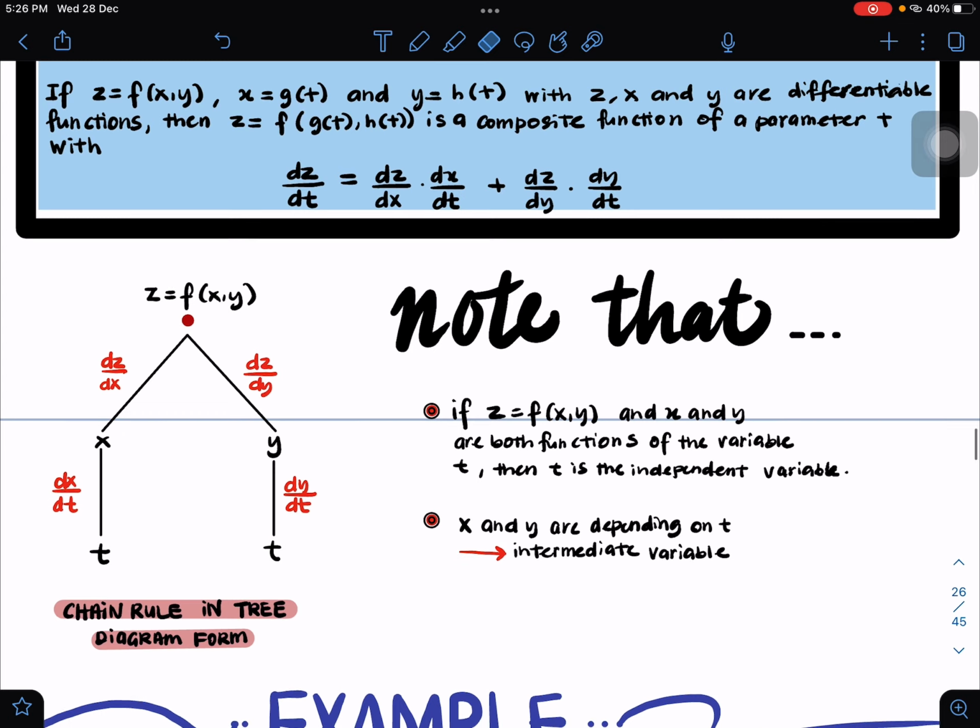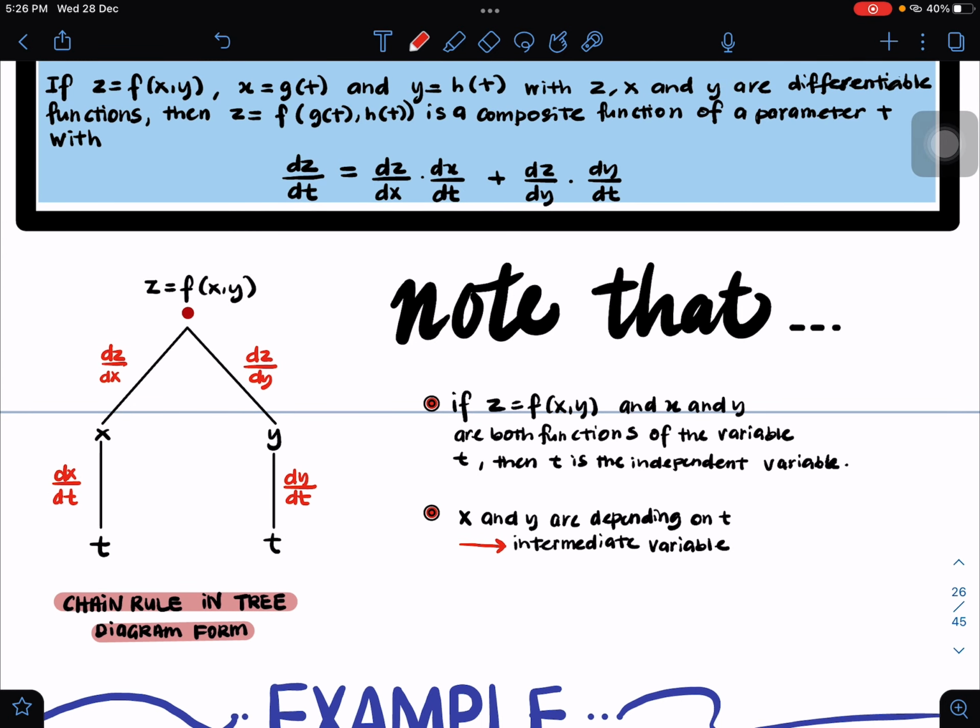Actually, we have a function of z like usual, and our function of z is in terms of x and y. For example, z is equal to 4xy plus 3y squared x. So this is the function of z in terms of x and y.